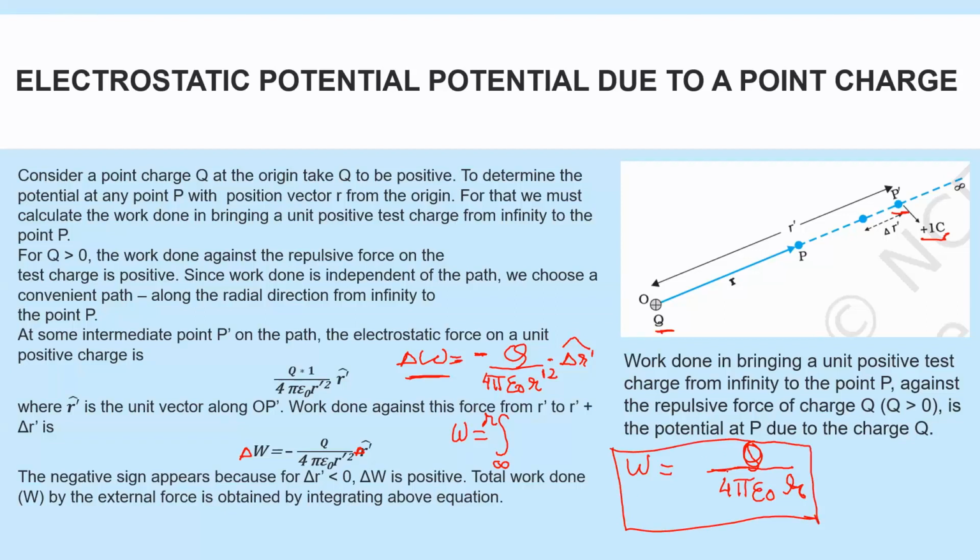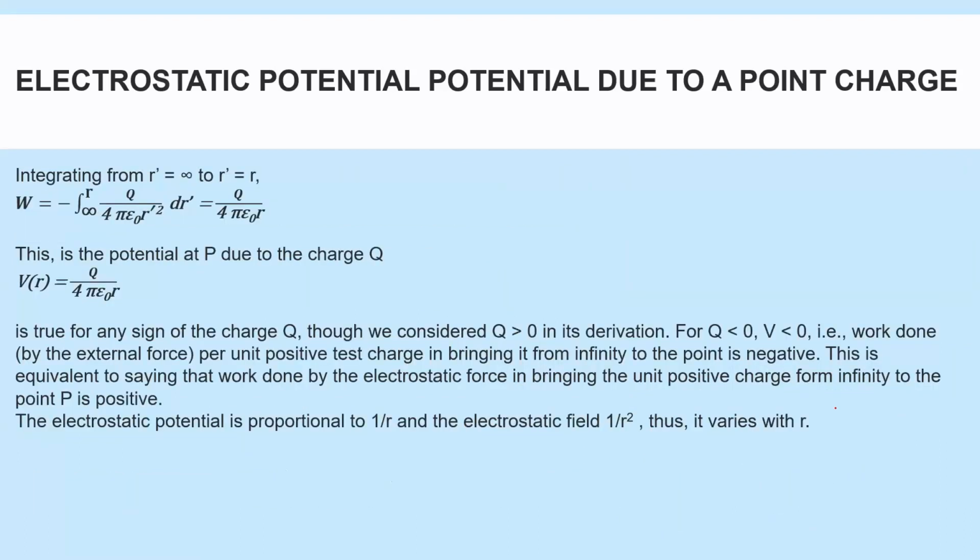This is the work done by the external force in bringing the charge from infinity to point P. So we have understood the work. I explained the integration in the previous slide.